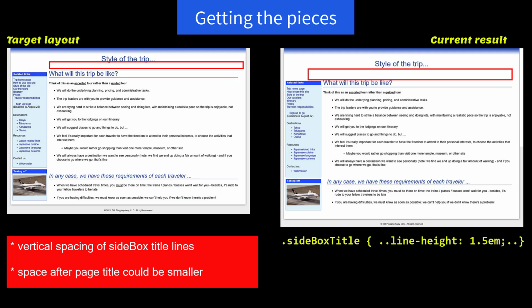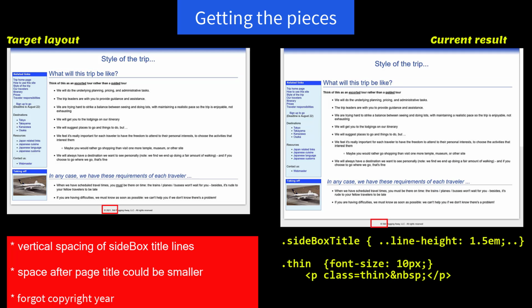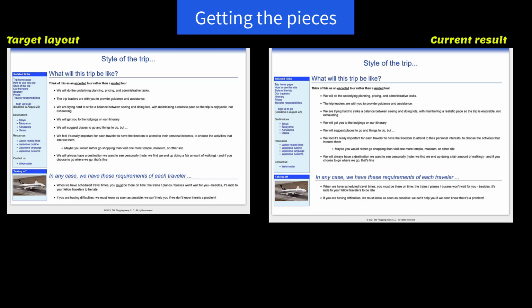Solution: add a new class for thin lines, .thin, font size 10 pixels. Then in the blank line paragraph, make the start tag P class equals thin. And oops, forgot to put the year in the copyright notice. Solution, add in the year in the copyright text. Finally, giving us our desired result.